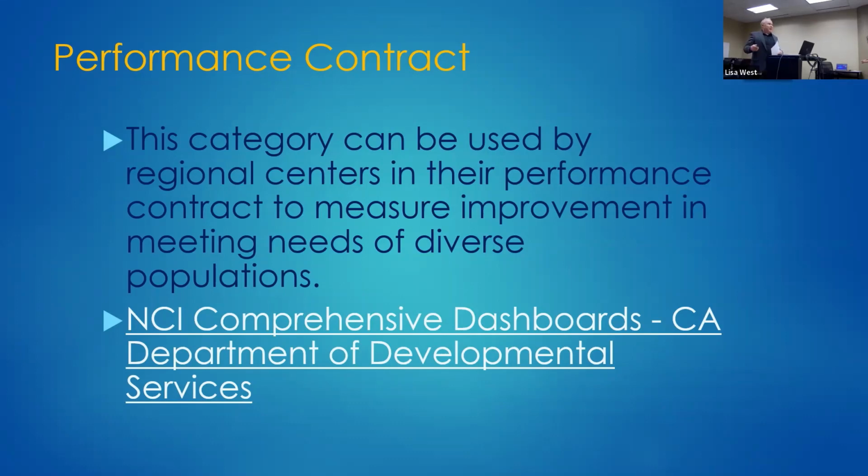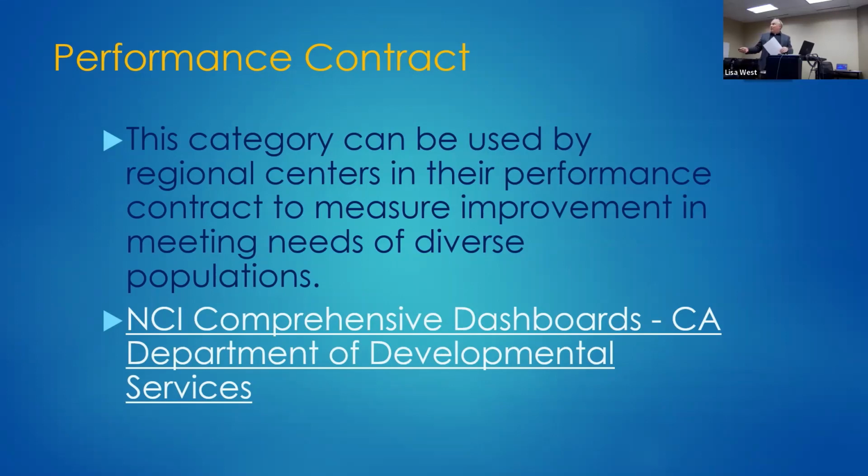Under the umbrella of satisfaction, this is an important category because the department also allows regional centers to use this as a starting point for performance contract measures, as a baseline to see where we want to improve in certain categories. And there is a way to further mine the data to break down what participants' responses were based on demographics, including cultural and ethnicity backgrounds.